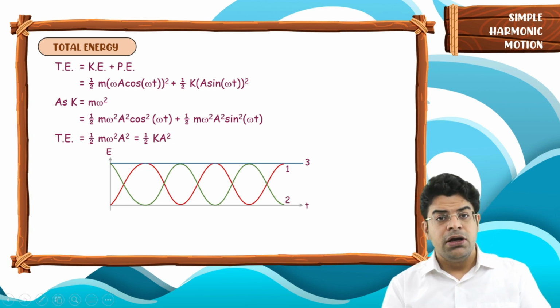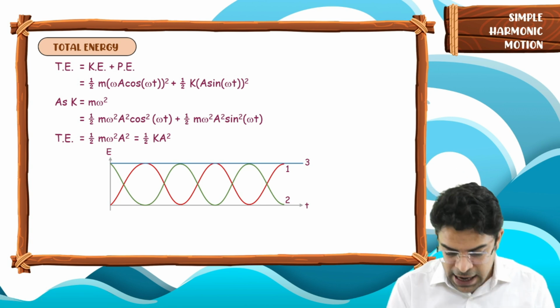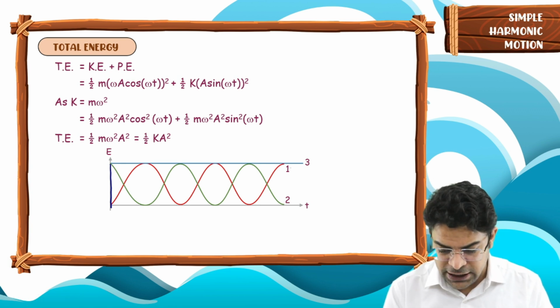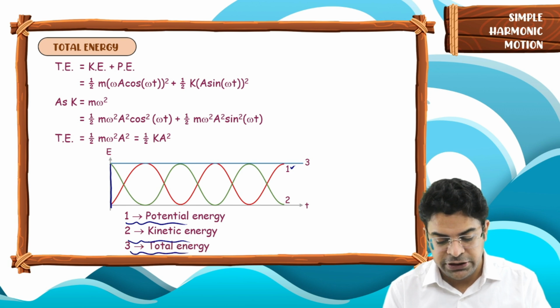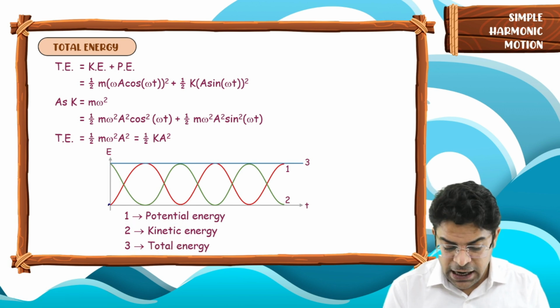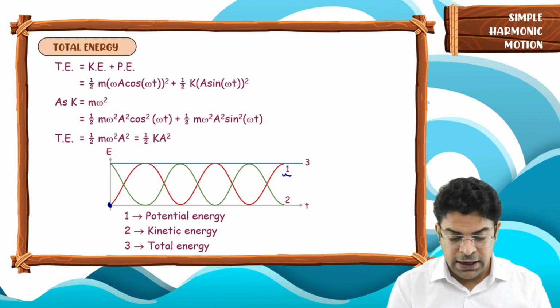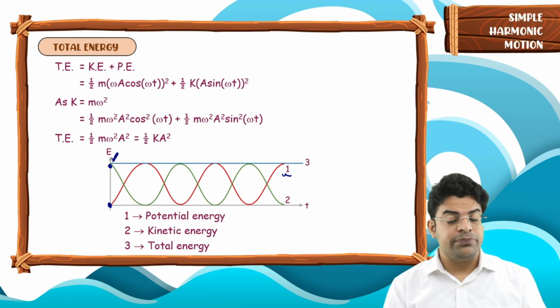Now from this particular graph, I want to re-emphasize a few things. Here 1 is potential energy, 2 is kinetic energy, and 3 is total energy. At the mean position, the potential energy is 0, kinetic energy is maximum, and their sum equals the total energy.